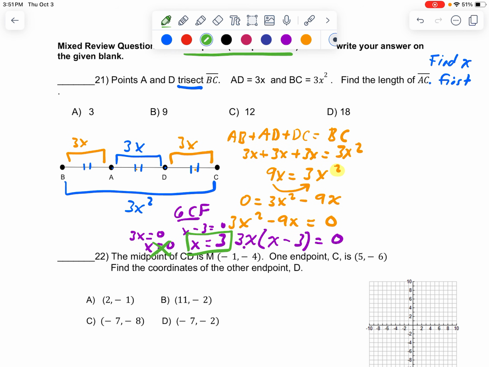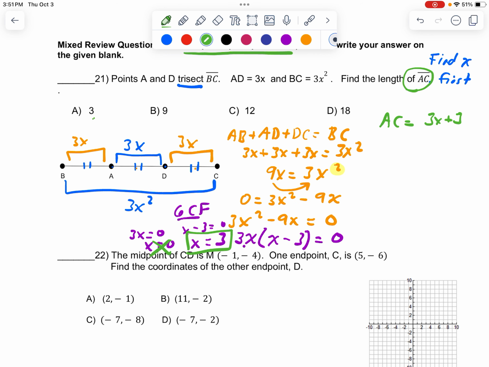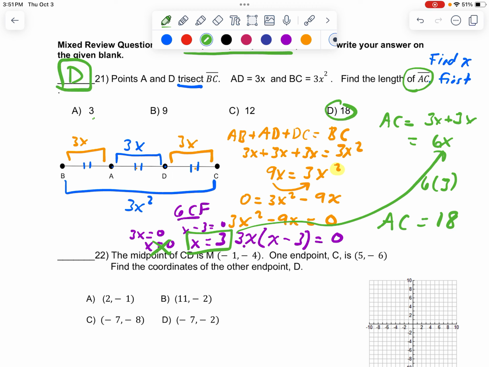Notice that 3 is an answer in my multiple choice, but I'm not trying to find x. I'm trying to find the length of AC. So AC in this problem is the 3x plus the 3x, or 6x. And now I can take that 3, plug it in, so I get that AC is 18 units. So my answer is D. So the key for this problem was greatest common factor.